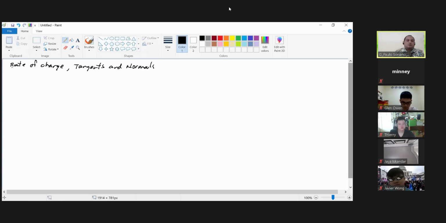Rate of change is just a fancy name for speed. When an object is moving, then there is a change. So how fast is it changing? That means it is a rate of change.